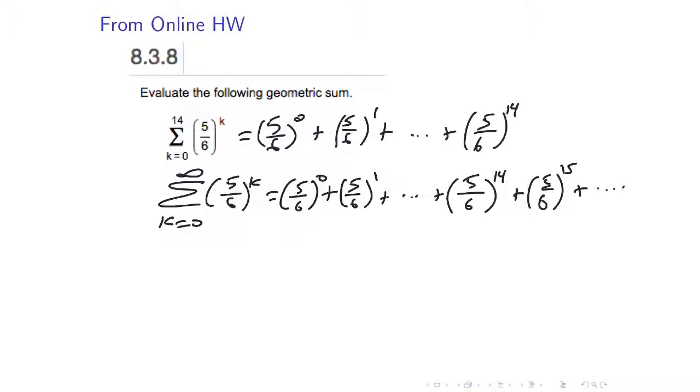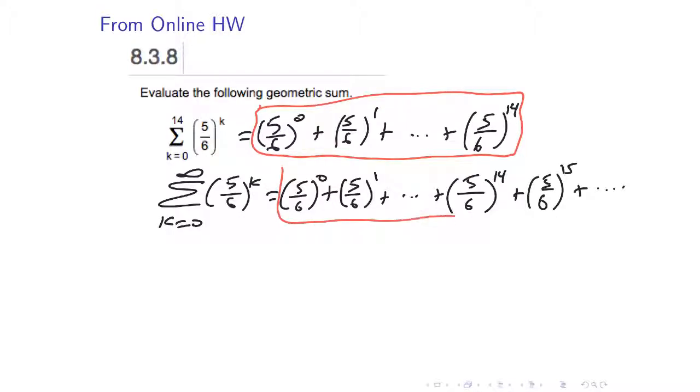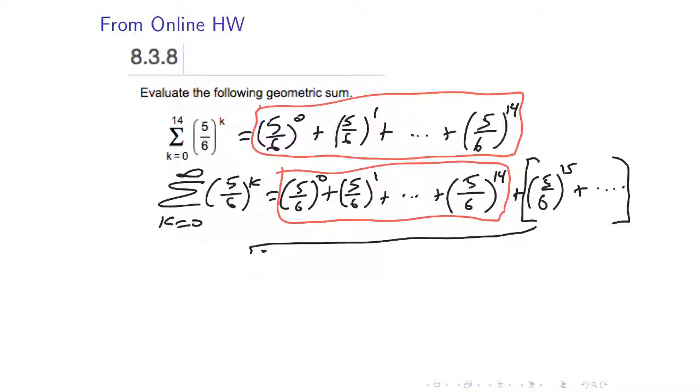So to get the answer that I want, to get this answer, I see it right here. So what I would like to do is take the infinite series that I just wrote and subtract off this stuff from the end. So let me just pull this over here. The stuff that I just put the black box around has this form.